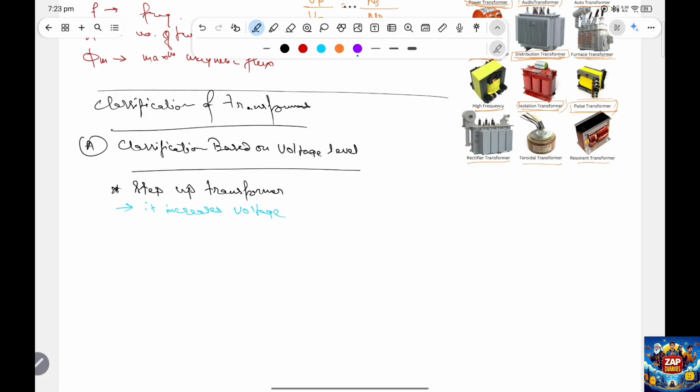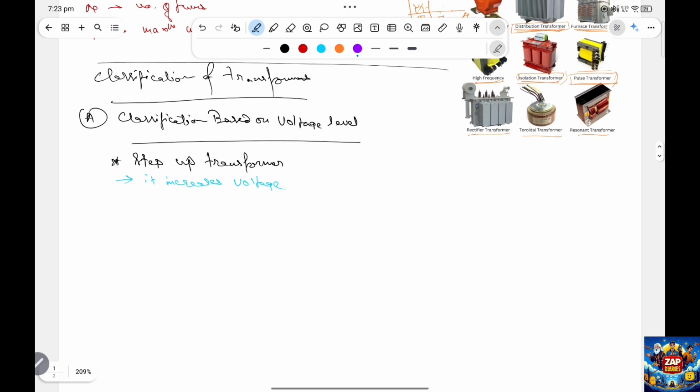So what it effects is it increases the voltage, or you can simply write this as number of turns in the secondary side is greater than number of turns in the primary side.